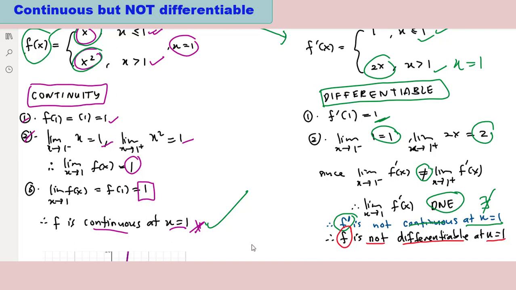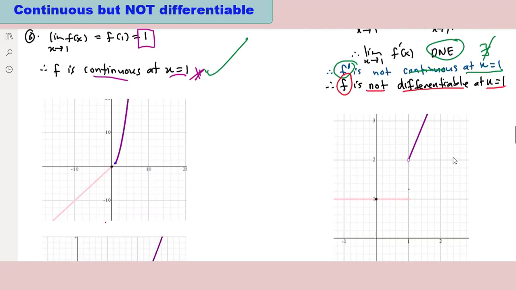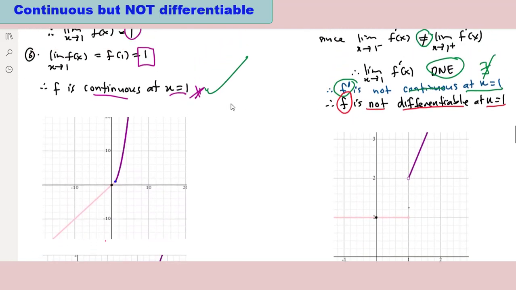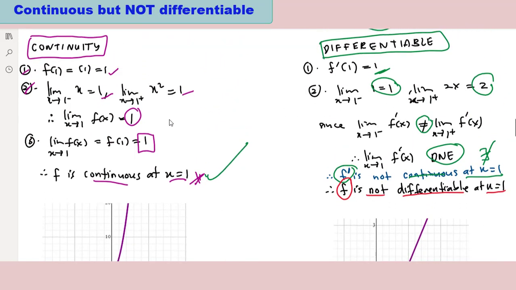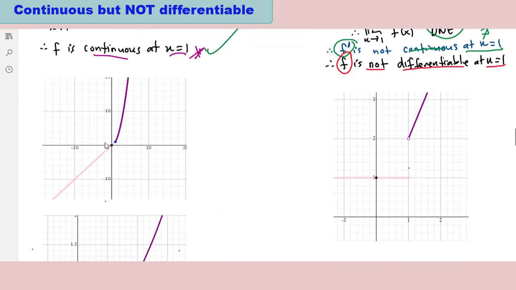This is an example of a function that is continuous but not differentiable. And here is the graph. For the function f(x), the graph looks like this.